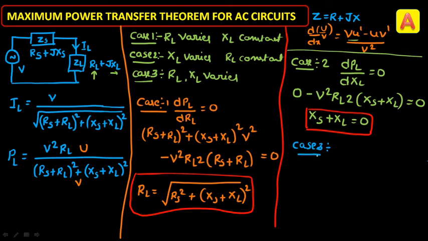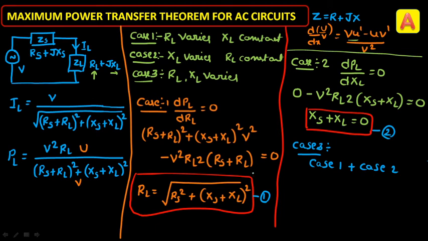Case 3 is simply a combination of case 1 and case 2. Let us say this is equation 1 and this one is equation 2.